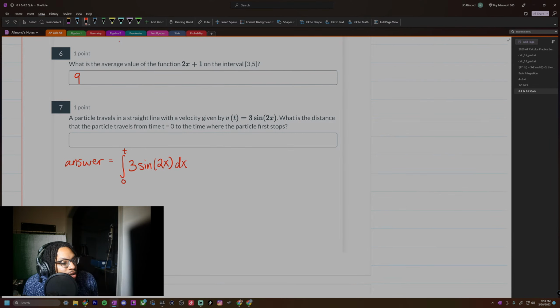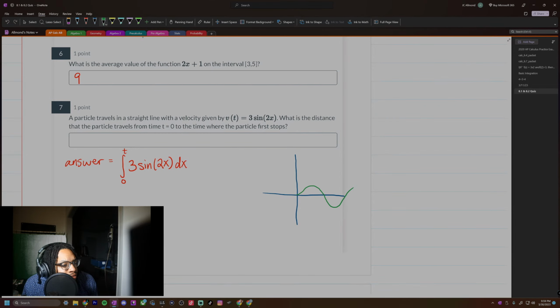I don't know, because you can't use a calculator, so I can try to sketch it, because hopefully we know kind of what a sine function looks like. It has something to this effect, right? More or less.